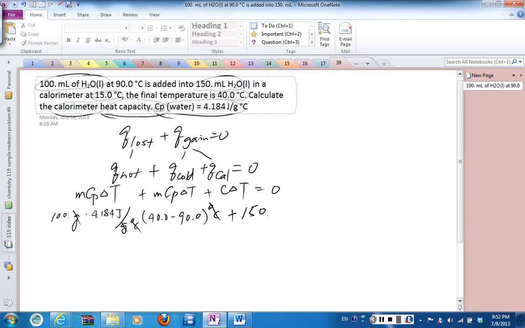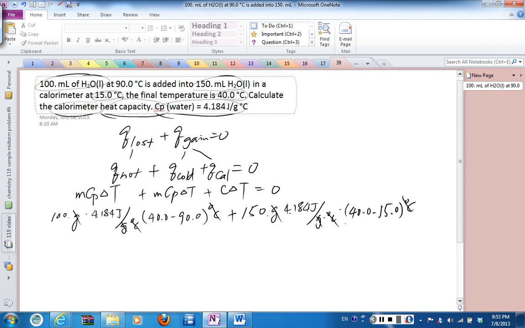Cold water, 150 milliliter is 150 gram. 4.184 joules per gram degrees Celsius, gram cancels, and delta T would be final temperature 40.0 degrees Celsius minus initial temperature of the cold water, 15 degrees Celsius.